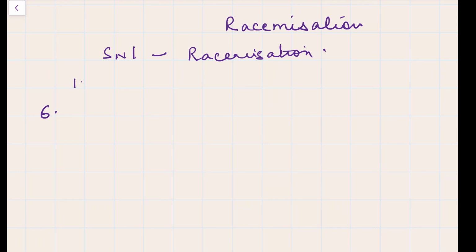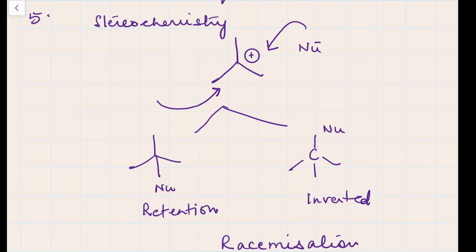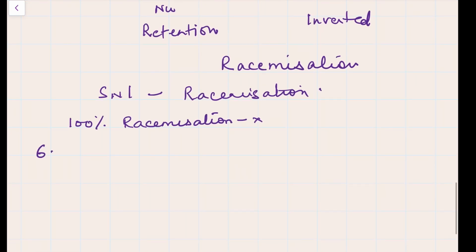Actually speaking, it is not 100% racemization. If Br has been removed from here, the nucleophile attack from here will be lesser than from here, right? So where I put an asterisk, there is going to be a lesser attack, because Br minus is being removed from here, so there will be some repulsion. But on average, we take it as 100% racemization.